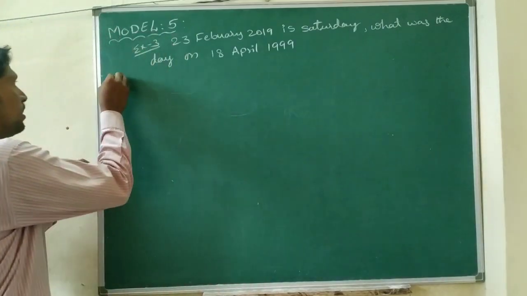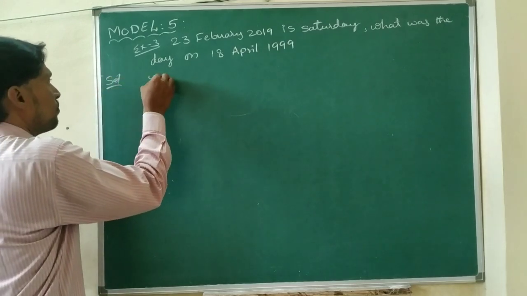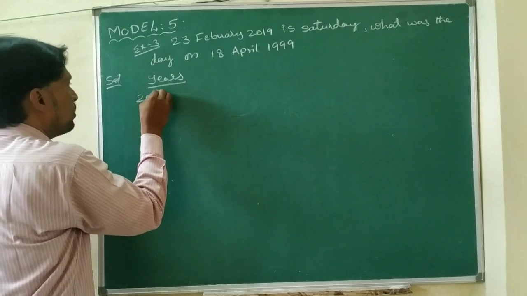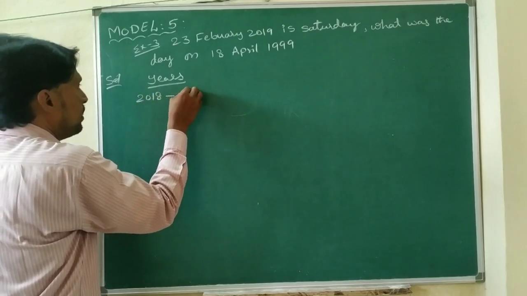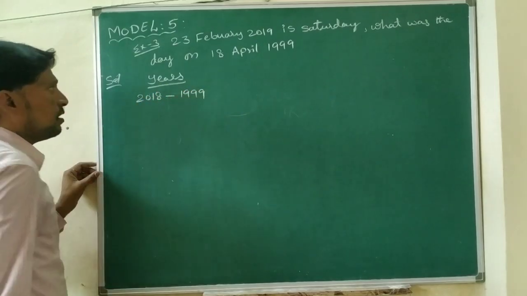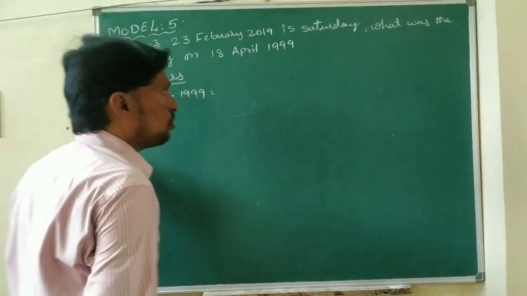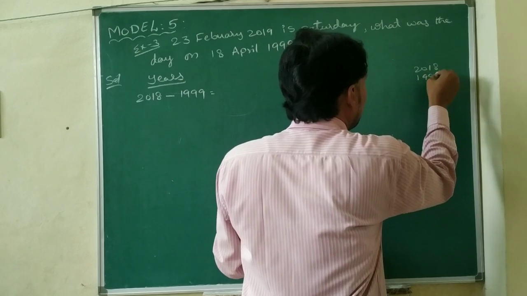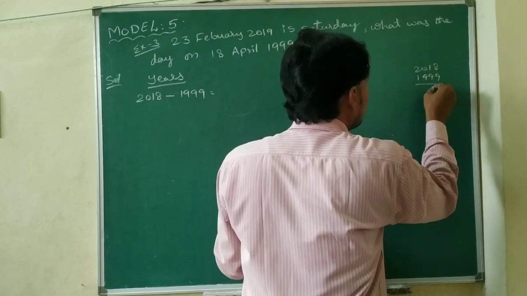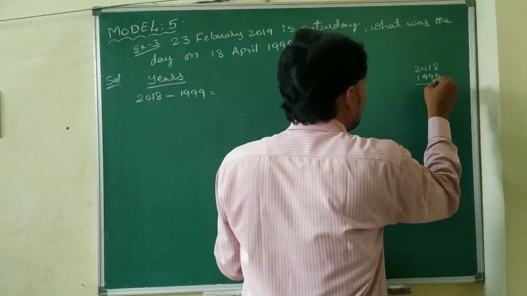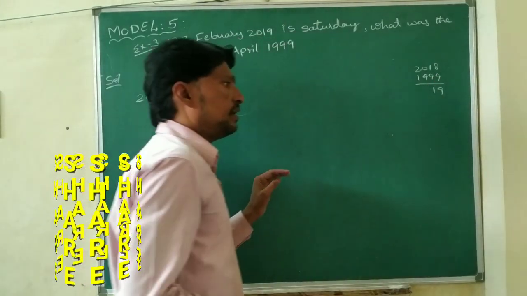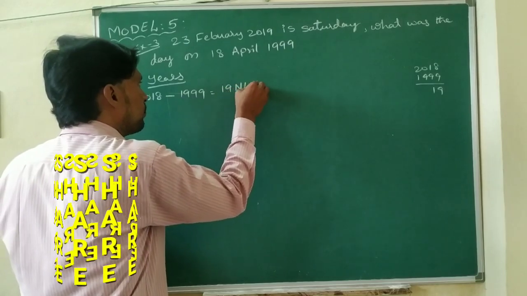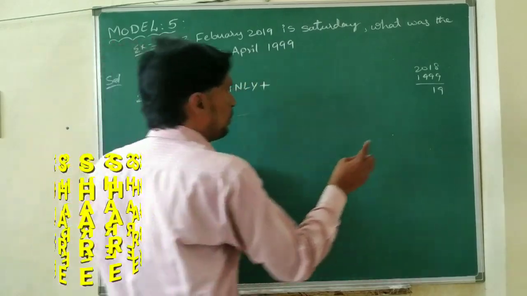So first we can take the years. So completed years are 2018 minus 1999. So subtract here 2018 to 1999 we are subtracting, means 19 years we are getting. 19 non-leap years. Plus leap years also we need to take.